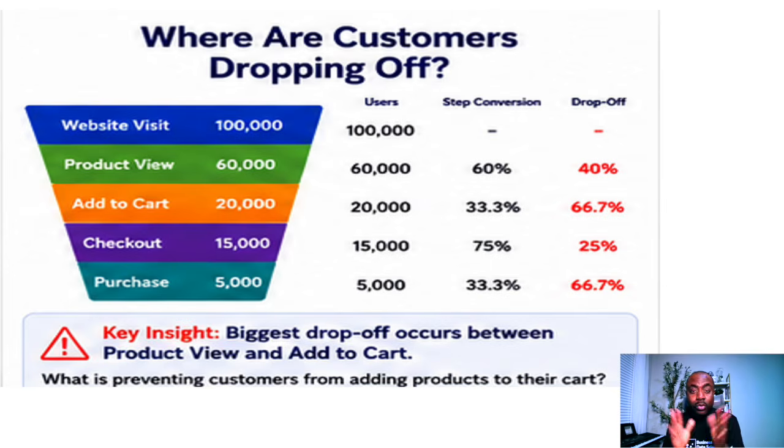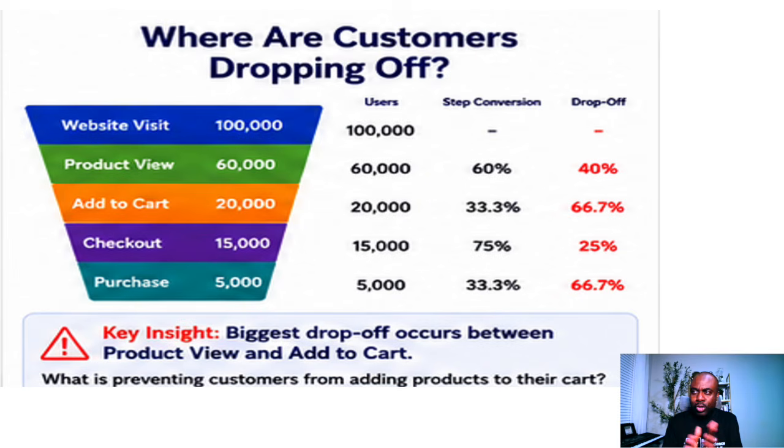Here is an example of a typical funnel analysis. Okay, so look at this funnel here. Where are customers dropping off? Now you have 100,000 website visits, and then 60,000 of them go to view a product, and then 20,000 of them add the product to cart, and then 15,000 check out, and only 5,000 made a purchase.